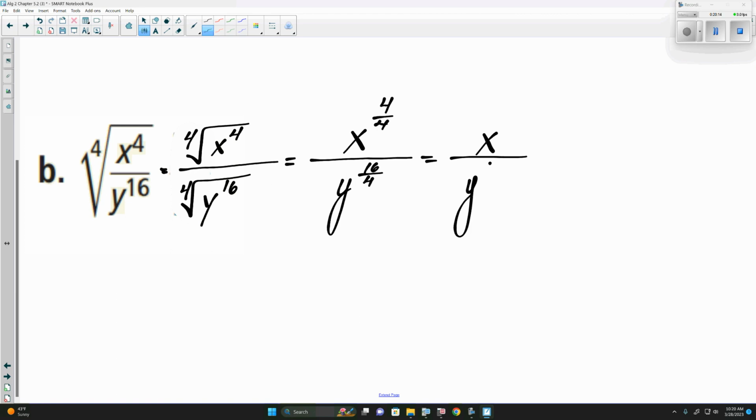And 16 divided by 4 is going to be 4. Yeah, we would put the absolute values around the x because it's an even root and an even power. So we would need that there. Whenever we have an even root and even power, and it simplifies to an odd root, odd power, we need the absolute values.